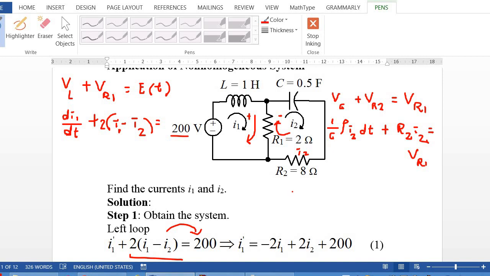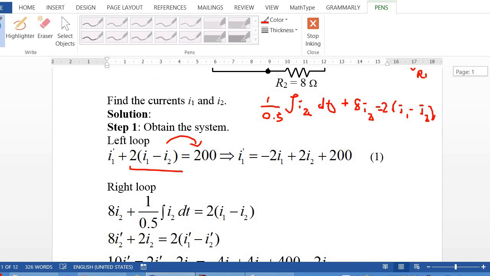We plug in C, which is 0.5, so 1 over 0.5 times the integral of I2 dt. Plug in R2, which is 8, so plus 8 I2, equal to VR1. VR1 is 2 times (I1 minus I2). This is what we obtain here.